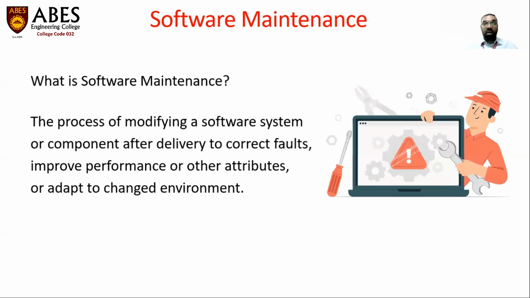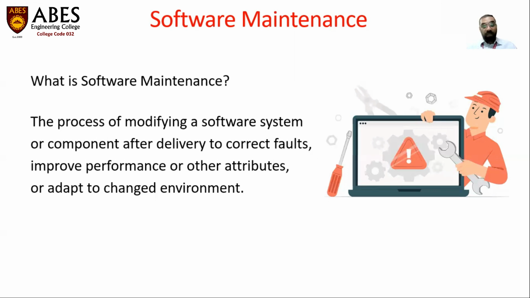The very important point is that after delivery, we correct faults, improve performance or other attributes, or adapt to the changing nature of the environment. So overall, in software maintenance we can change the system, change a component, update the system, or change any other attributes as per the need of the environment. That is a very important role of software maintenance in the overall software development lifecycle model.